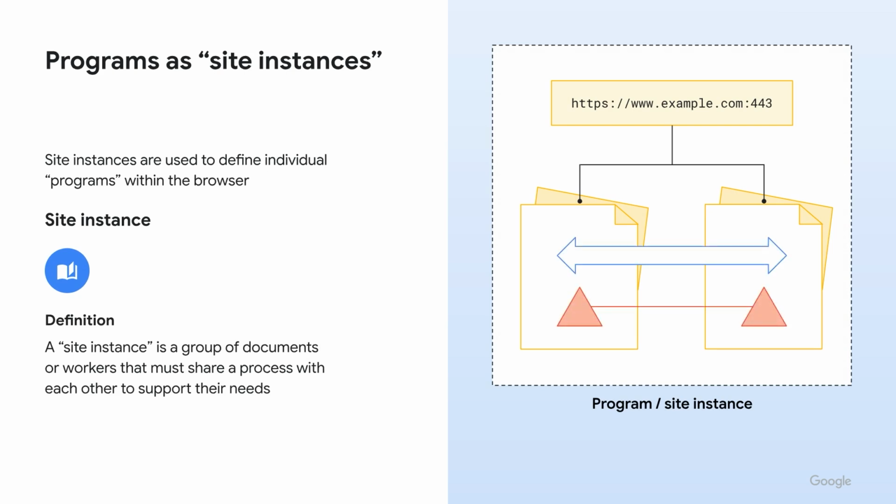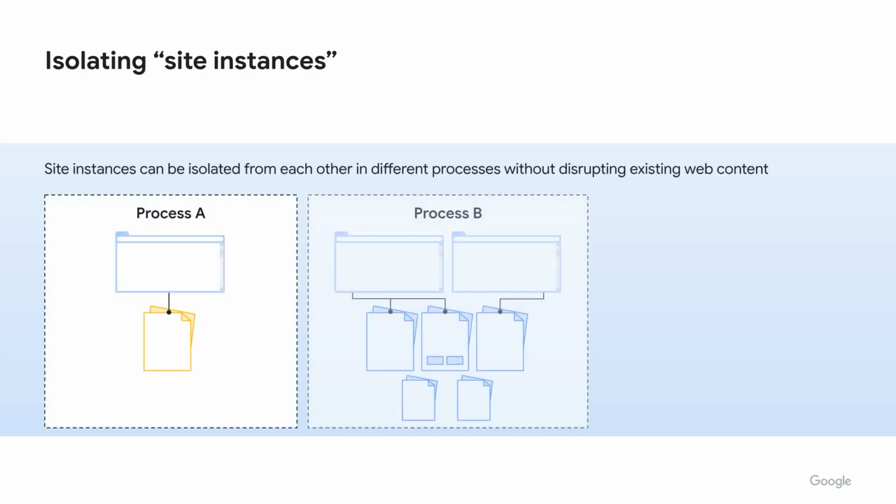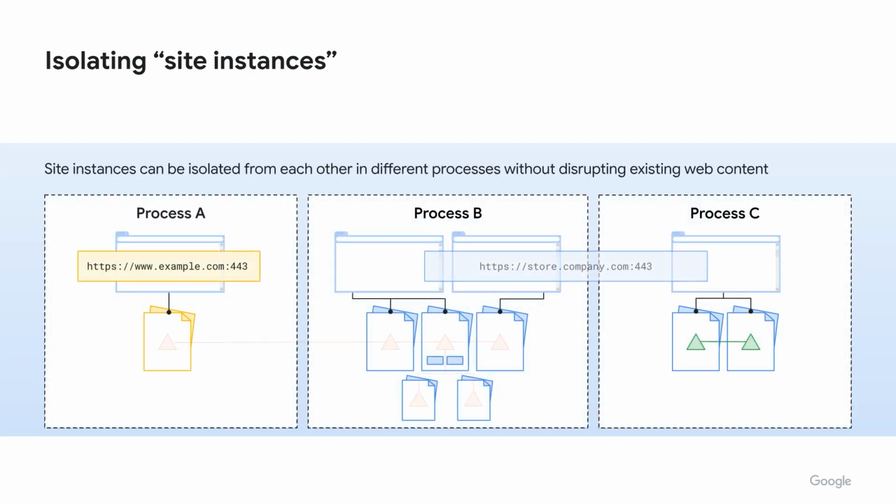Site instances are used to define individual programs within the browser. A site instance is a group of documents or workers that must share a process with each other to support their needs, such as cross-document scripting. Pages in separate site instances are independent of each other. This means that site instances can be isolated from each other in different processes without disrupting existing web content.